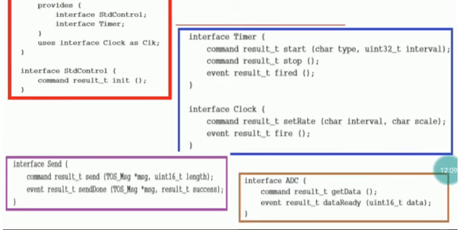The timer interface further defines an event, which is also a function, while the commands are implemented by the providers of an interface. Events are implemented by the users. And similarly, all the interfaces that are shown in these examples define both commands and events.